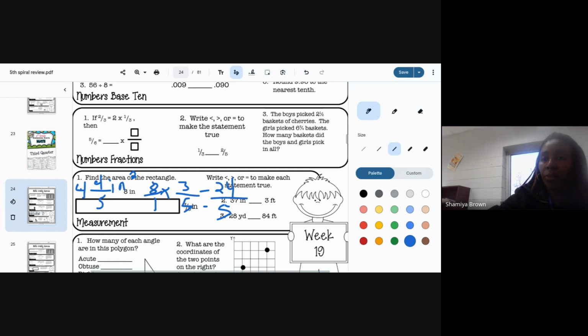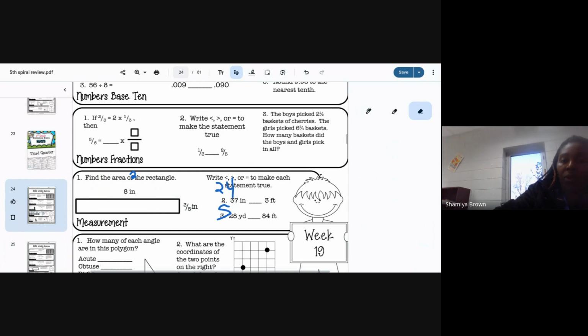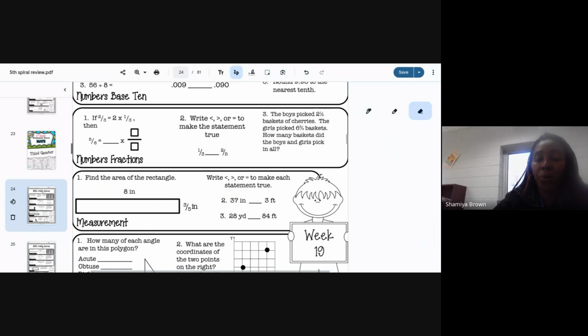Okay, next one. Write an inequality. So trying to find out which one is bigger, 37 inches or 3 feet. Well, I know 12 inches is in a foot. So I would know that 12 times 3 would be 36.